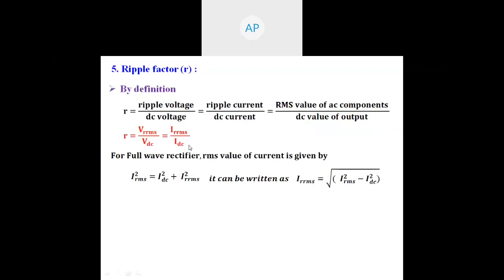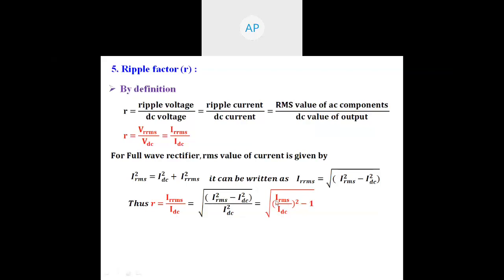IDC enters into the square root as a squared term. So the ripple factor, the RMS value of the ripple to the DC value, is given as the square root of IRMS squared minus IDC squared, divided by IDC, and if you resolve this, you will have the square root of (IRMS divided by IDC) squared minus 1.